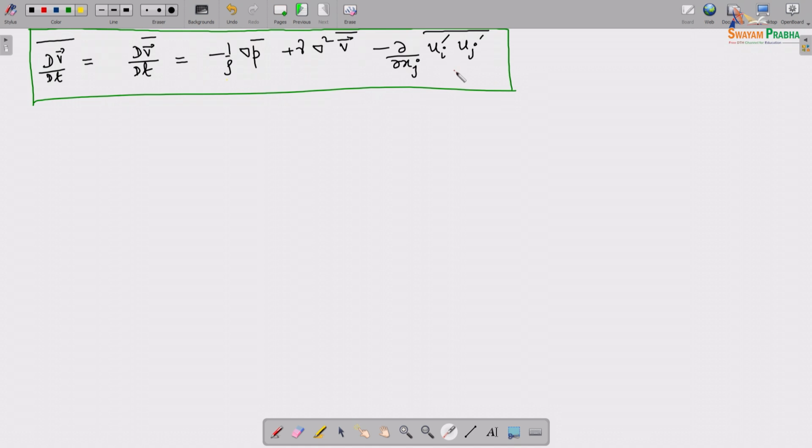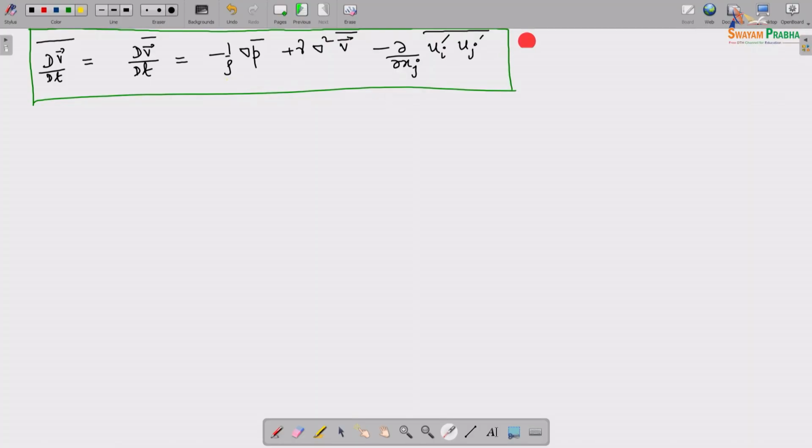What does this mean physically? Well, nothing. Physically, it means nothing. I don't have any physical laws to govern that. This whole term depends on a few things. It is the fluctuating component of the velocity. But what does this term mean physically?